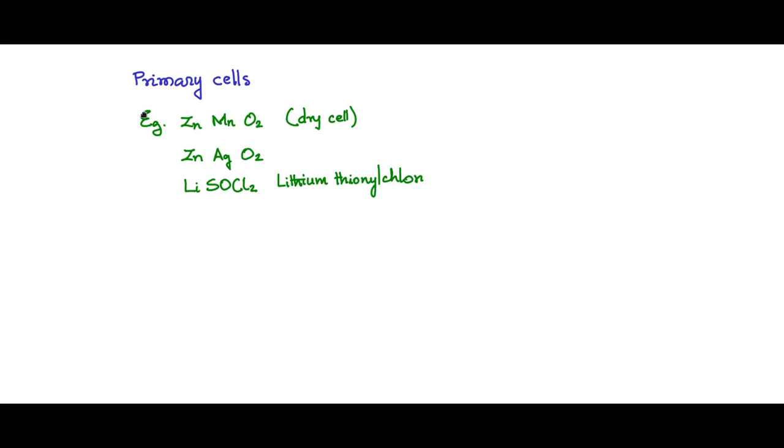Some of the examples are zinc manganese oxide, also called the dry cell, zinc silver oxide, lithium thionyl chloride. These are some of the primary cells.